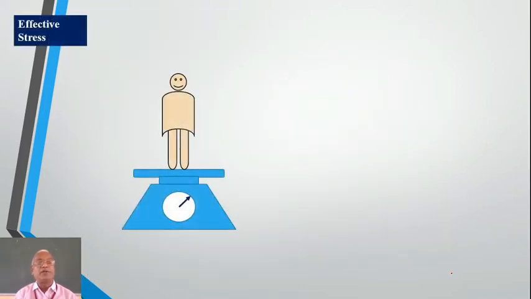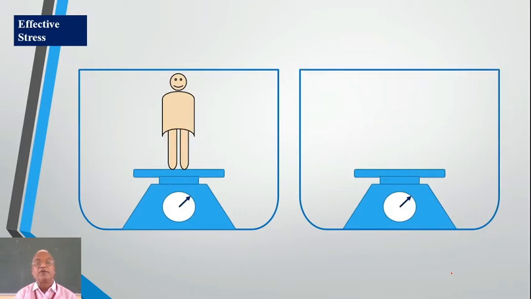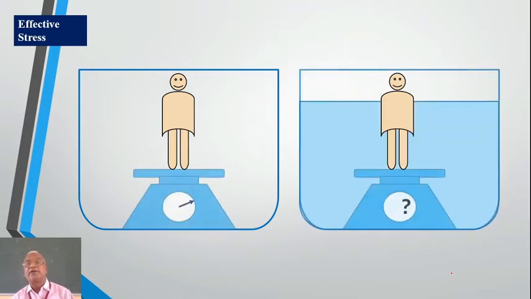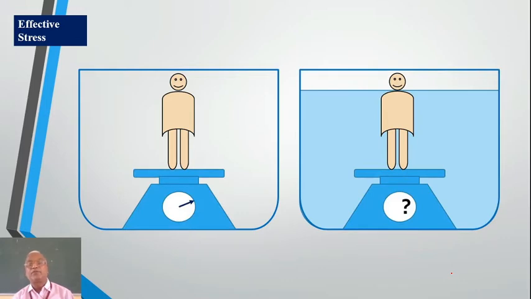Now one more example. Suppose a person is standing on a balance, and he is showing some reading. Now gradually you put in water, right? The water level rises, let it rise up to neck level. Now what happens to the reading?